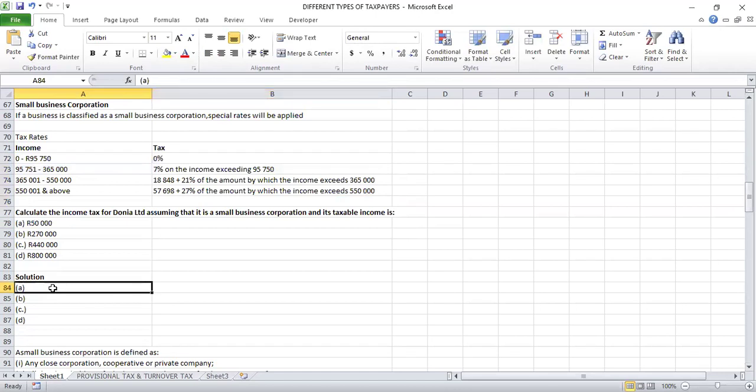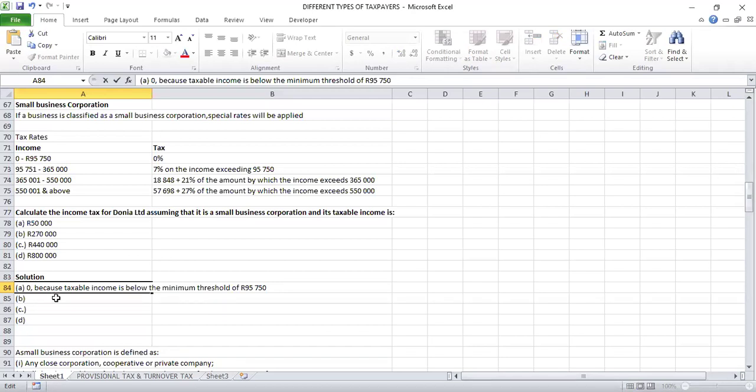So it will be 0, because taxable income is below the minimum threshold of 95,750. So any small business corporation that earns less than 95,750 will not be paying any tax.